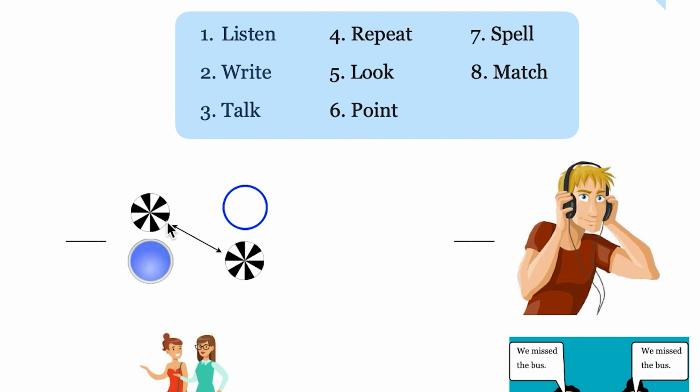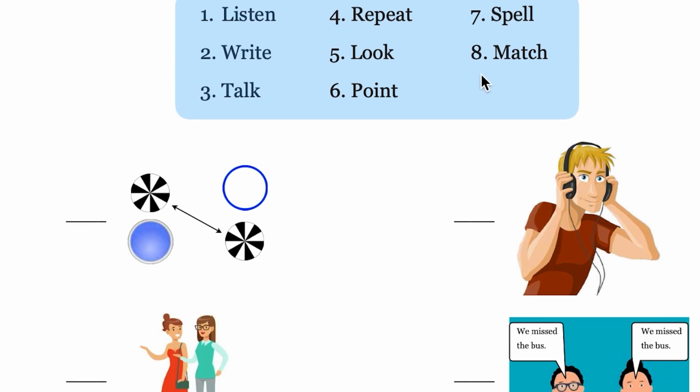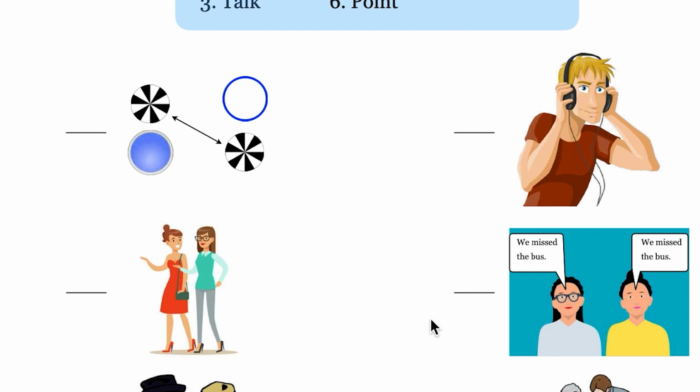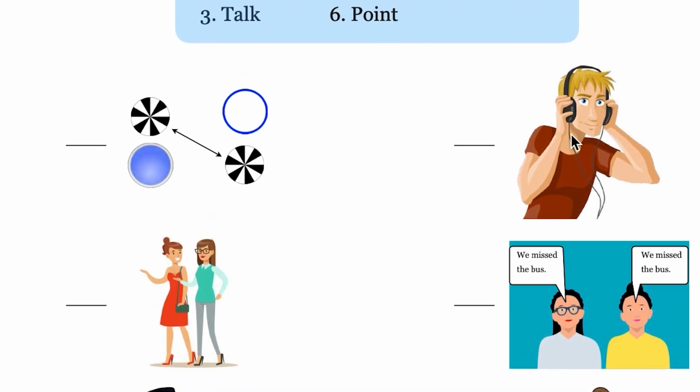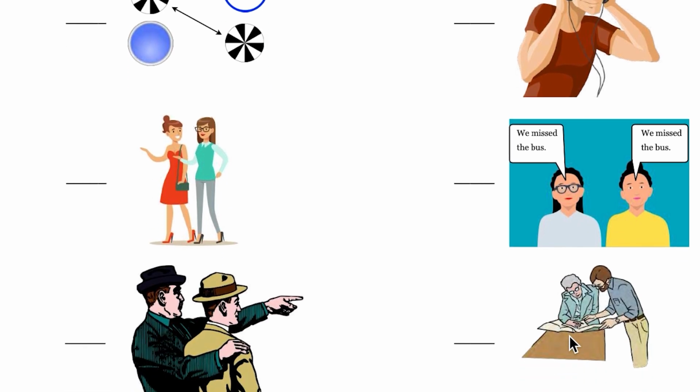You can see that they're pointing at each other. So they would have to decide which of these words go with this illustration, which would be, of course, matching. So they would just write the number 8 here on the line. You could do the first one with them so that they know what they have to do, and then just keep going. Then they do the rest on their own, figuring out which of the words go with which illustration.